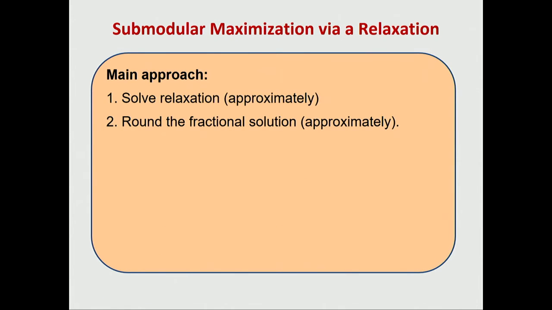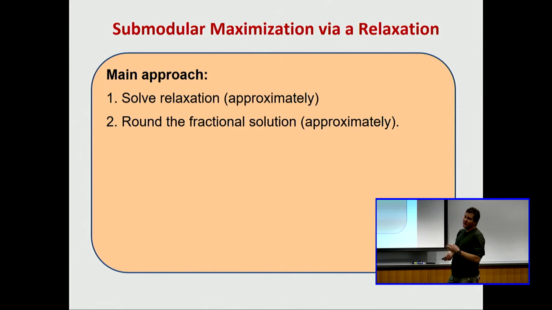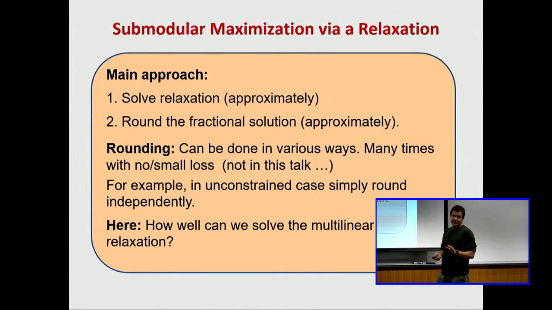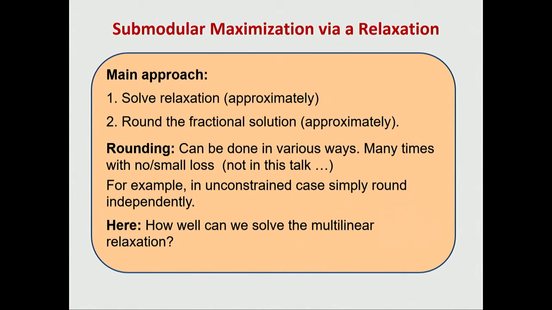So what should we do if we want to maximize a submodular function? As we do in other relaxations, we solve the relaxation, maybe approximately, and then we round the fractional solution, and then maybe we lose more. So actually here, rounding is a real issue, and there are lots of ideas there.